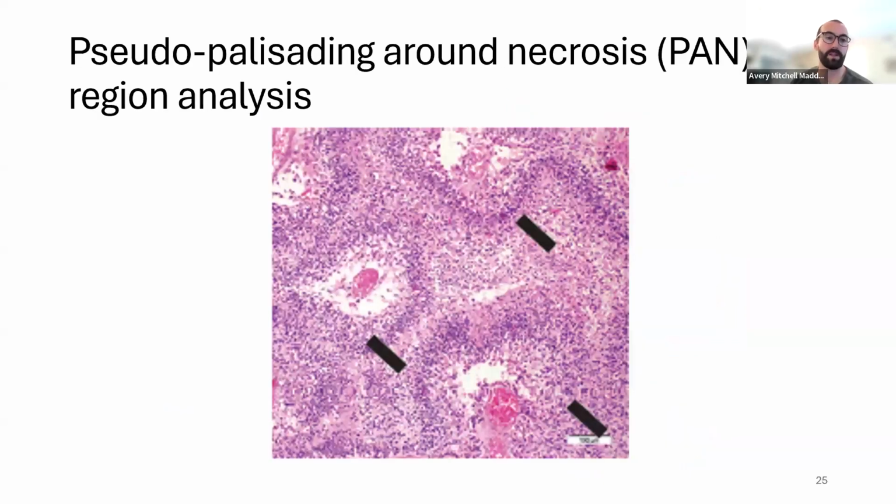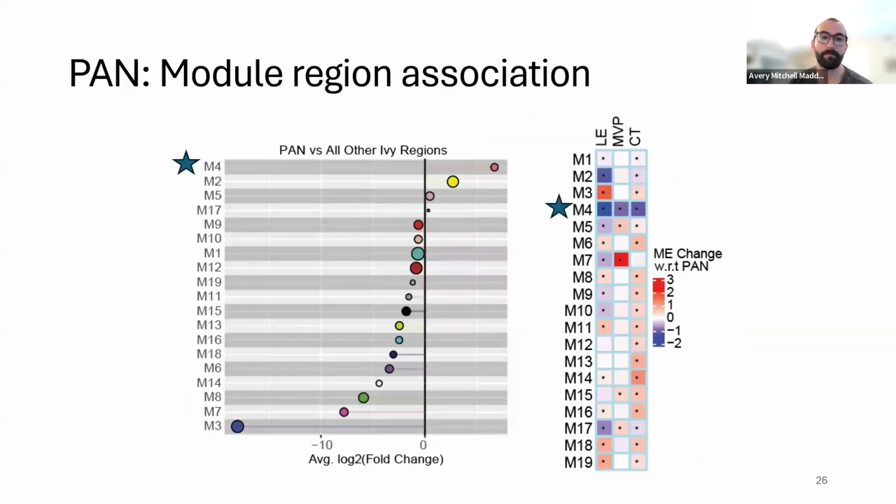So then we look at the pseudopalisading around necrosis region. Here, interestingly, we found that M4 was the only one uniquely overexpressed in relation to all other 3 regions.